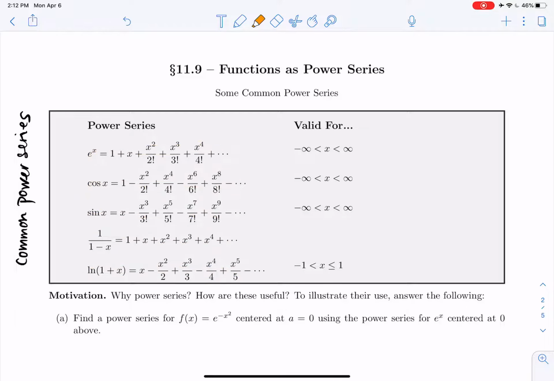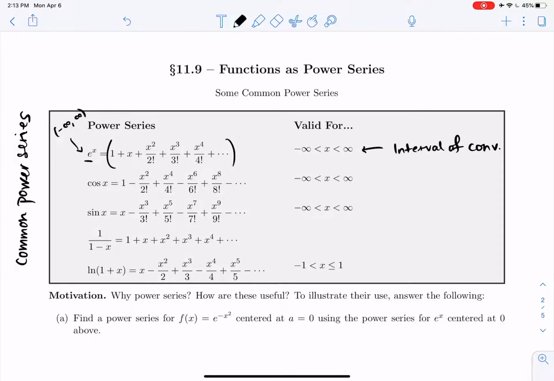All right, so each of these power series represents a function. So that power series in the parentheses represents e to the x. And what's important to note is that e to the x has domain all real numbers, and its power series has an infinite interval of convergence, okay? So in fact, the domain of the function and the interval of convergence are the same.